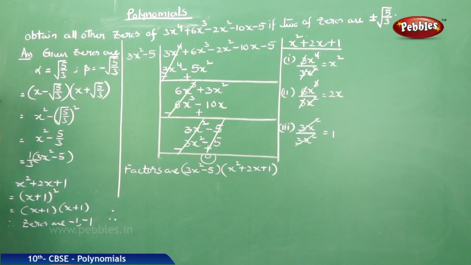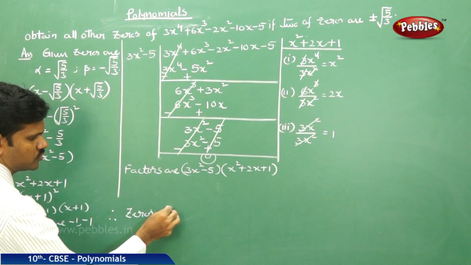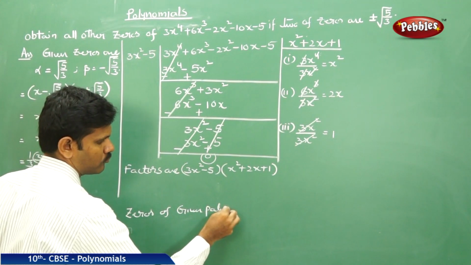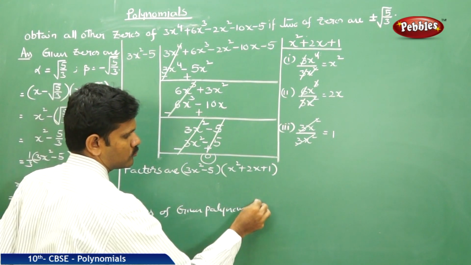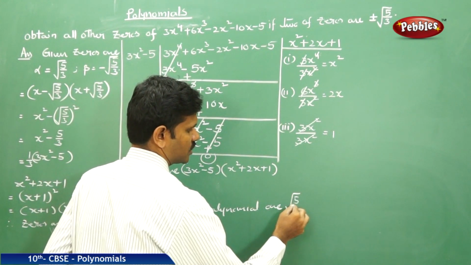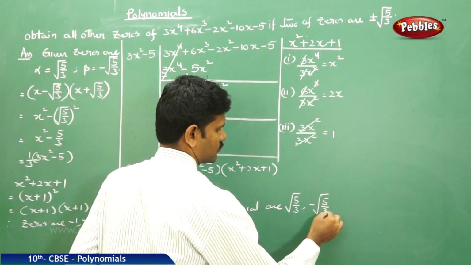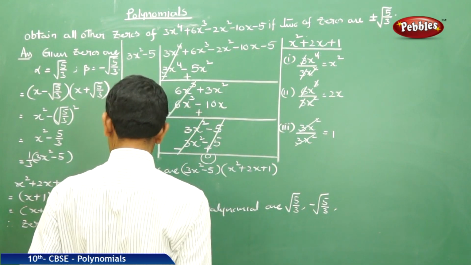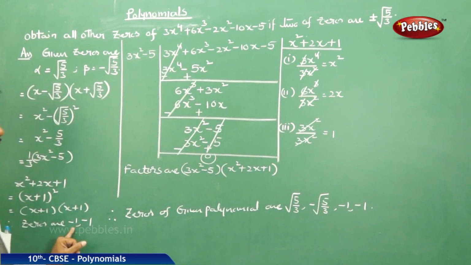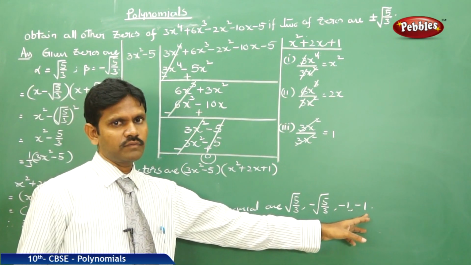Therefore altogether the zeros of the given polynomial are: first one is root 5 by 3, second one is minus root 5 by 3, third one is minus 1 and the fourth one is minus 1. Therefore 1, 2, 3, 4 zeros I got from this given question.